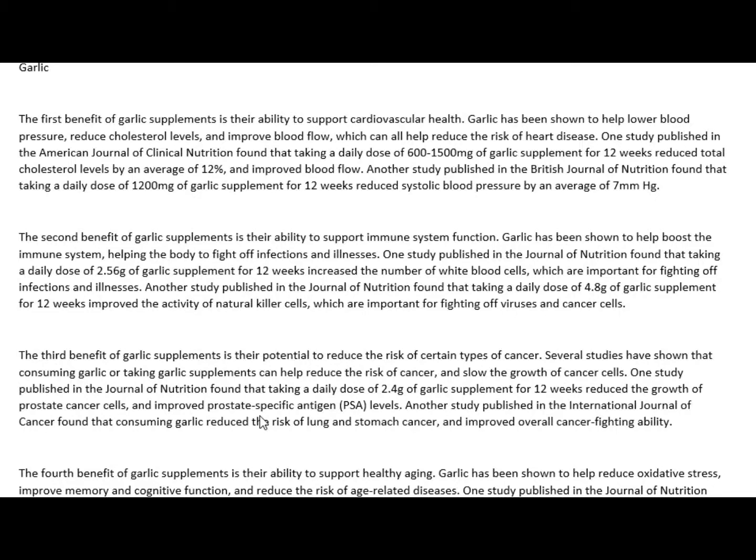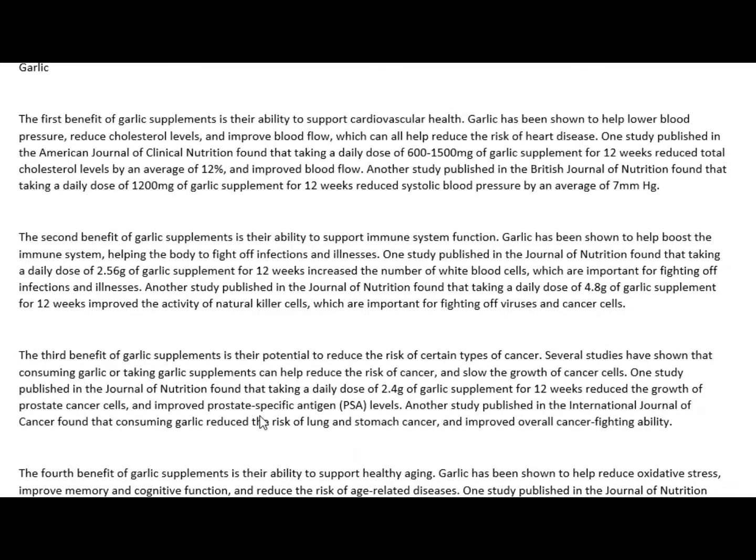You hear me? Okay. And the third benefit of garlic supplements, which really surprised me, is their potential to reduce the risk of certain types of cancer. Several studies have shown that consuming garlic or taking garlic supplements can help reduce the risk of cancer and slow growth of cancer cells.